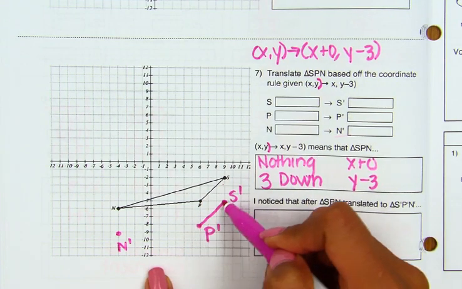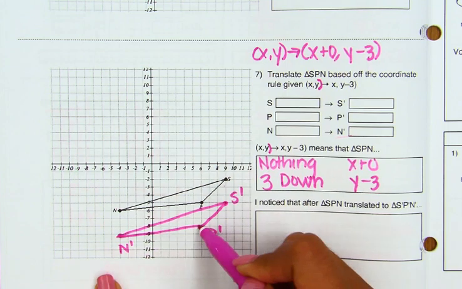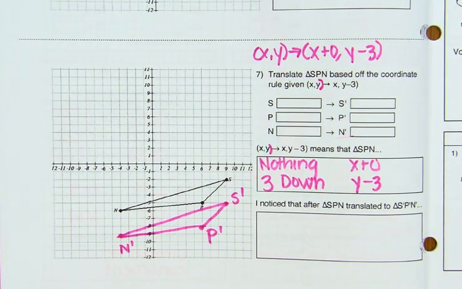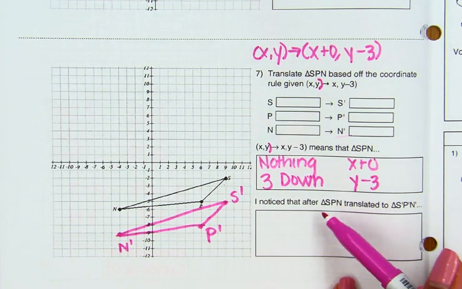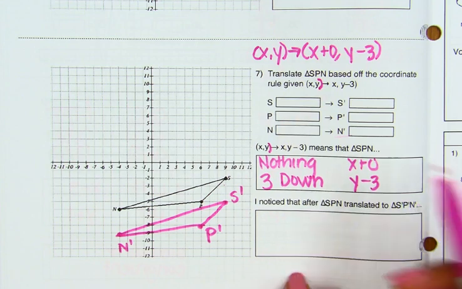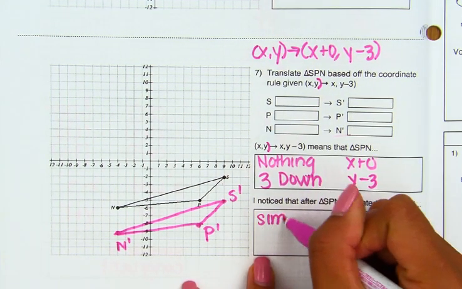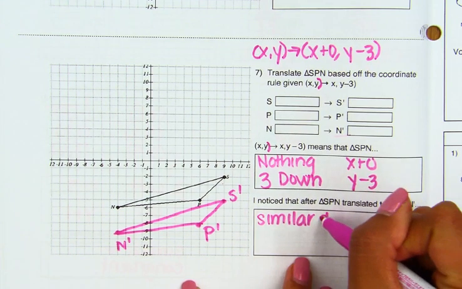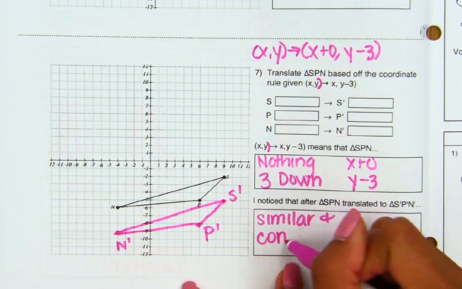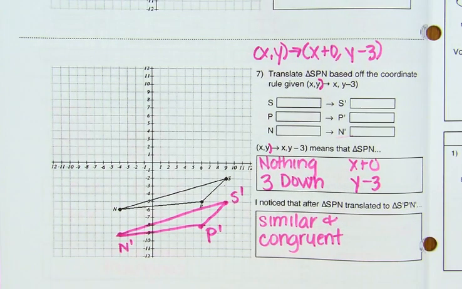All you do then is connect your points, and voila, you have your translated figure. So, what do you notice about triangle SPN versus triangle S prime, P prime, N prime? You should recognize that they're still similar because they're exactly the same shape, but they're also congruent. Why? Because they are the same shape and they are the same size.